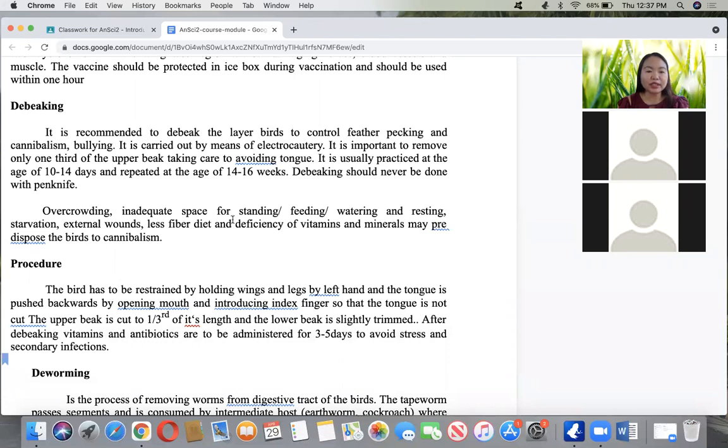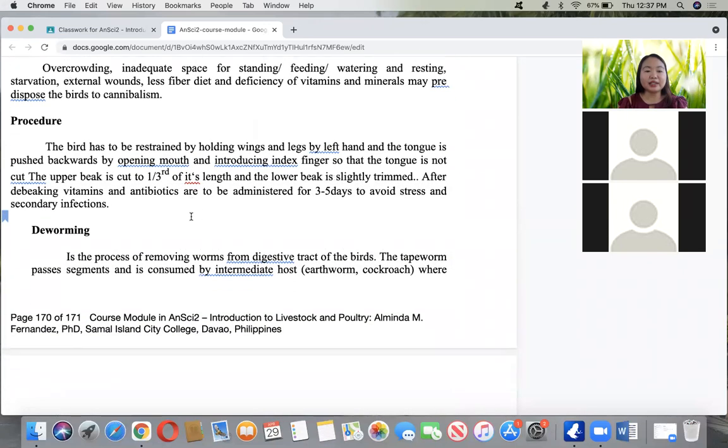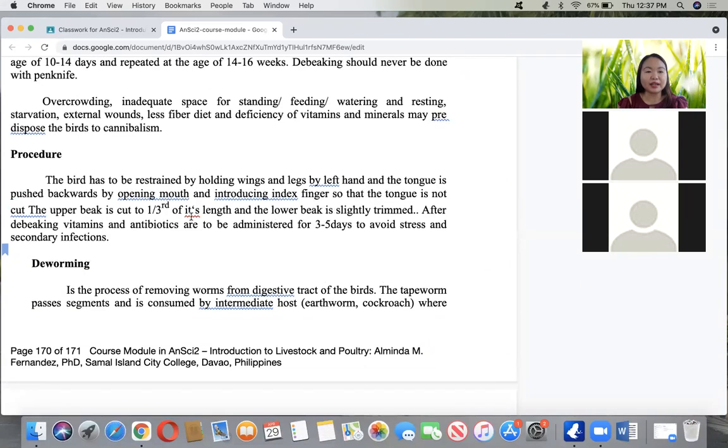So overcrowding, inadequate space, feeding, watering, and resting, starvation, and so on may predispose the birds to cannibalism. So, pag overcrowding na siya and less ang pagkain ng nutrients, may tendency silang mag-cannibalism. Kainin nila yung kanilang sariling mga kasama.